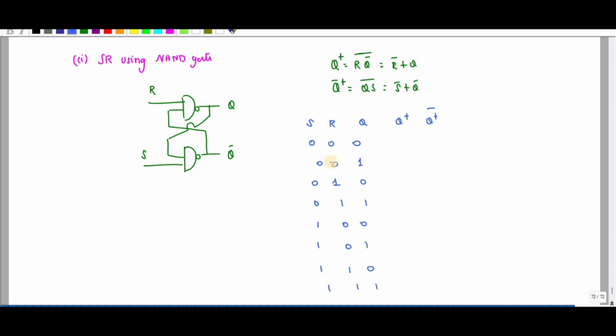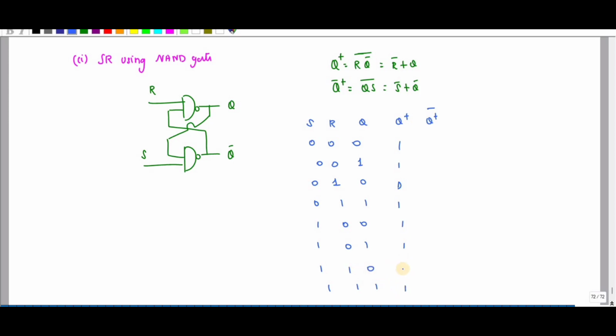If R is 0, you will get 1. And this is 0, this is also 0, so you will get 0, 1. If q is 1 means our output is always 1.